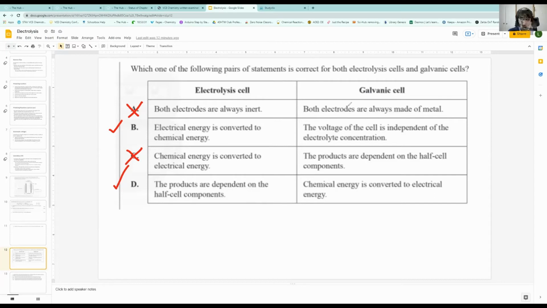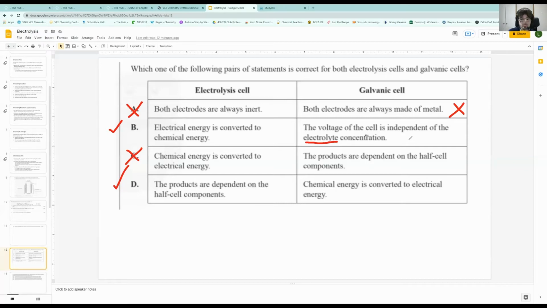I'm just going to go through these even though we know that A and C are wrong. Both electrodes are always made out of metal. That's also wrong. Obviously, you can get a graphite one. The voltage of the cell is independent of the electrolyte concentration. The electrolyte concentration shouldn't matter for a galvanic cell normally.